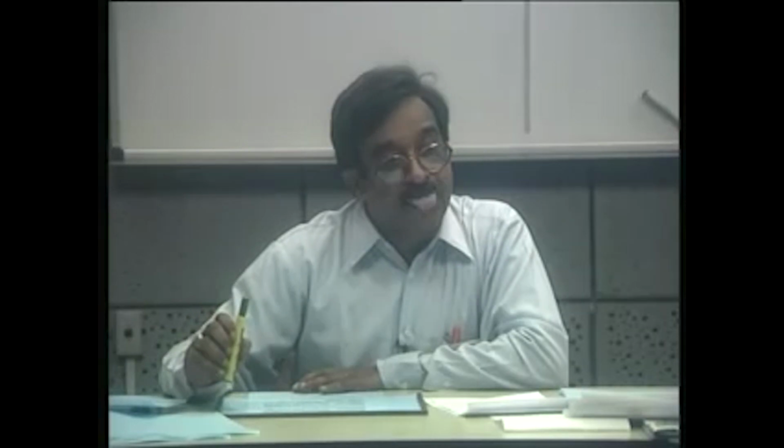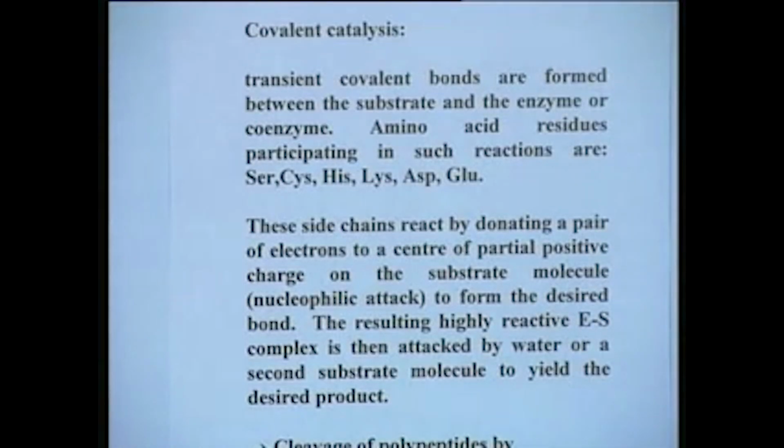Mainly on almost the same principle, by positioning of the functional residues at an appropriate position so that it weakens certain bonds, it can also be considered covalent catalysis, except that in the case of acid base catalysis there is no covalent bond formation, it is only transfer of electrons or protons to or from the substrate.